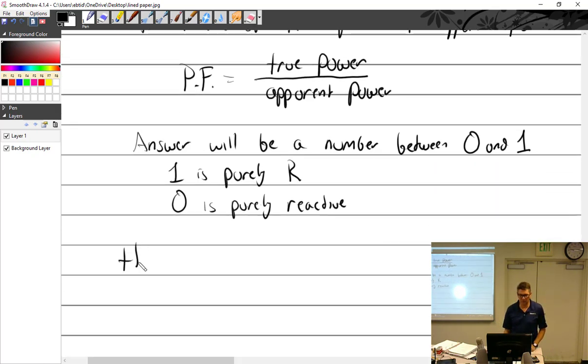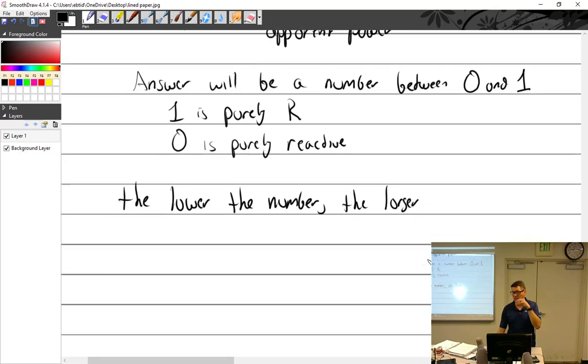The lower the number, the larger the phase shift. Because the lower number, again, is purely reactive. So that means along the opposite side of the triangle, it's going to go very high. And the resistance is going to be very, very short.